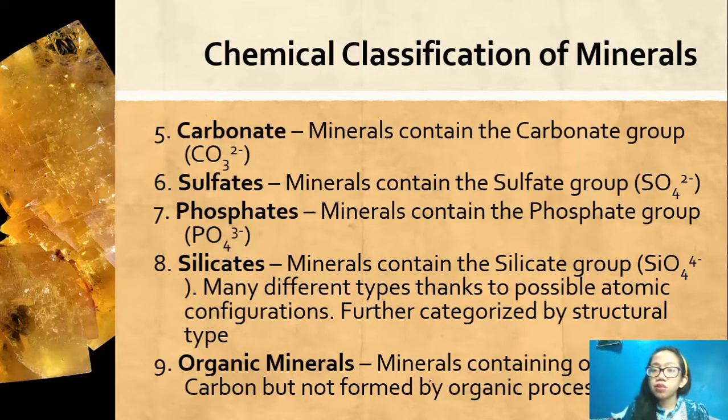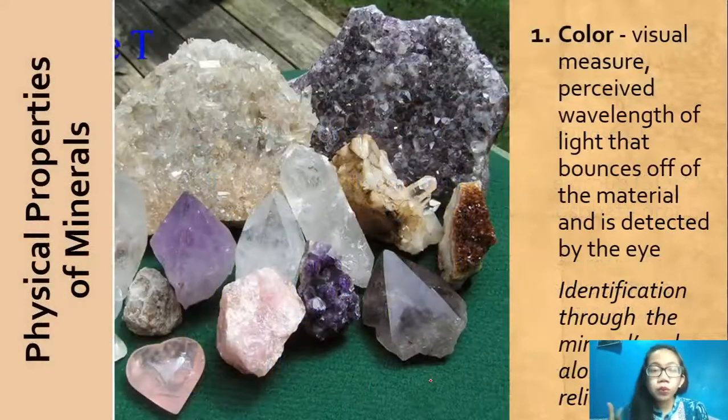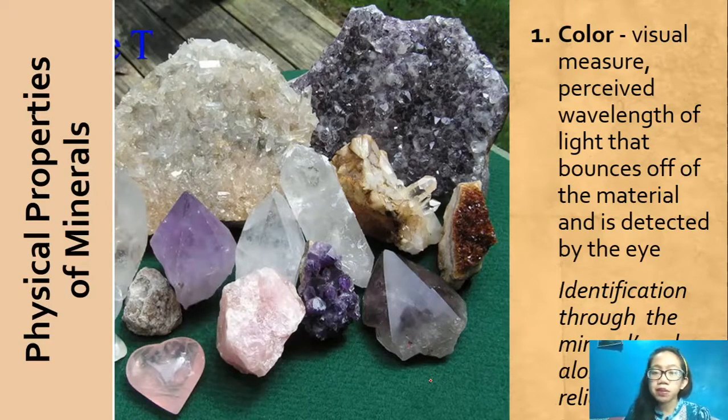That's why even if you don't have an analysis of their chemical composition, you can already differentiate the minerals we have today. So we will be discussing how to identify minerals using their physical properties.